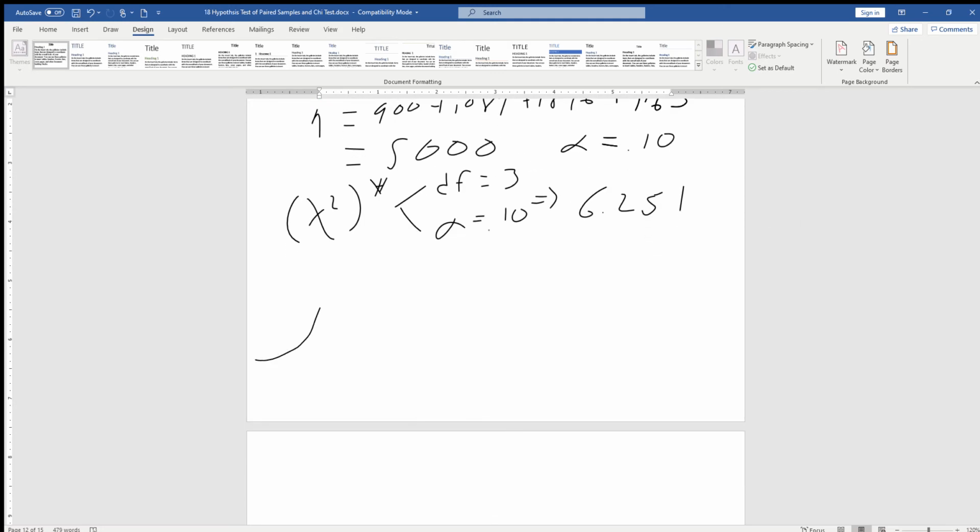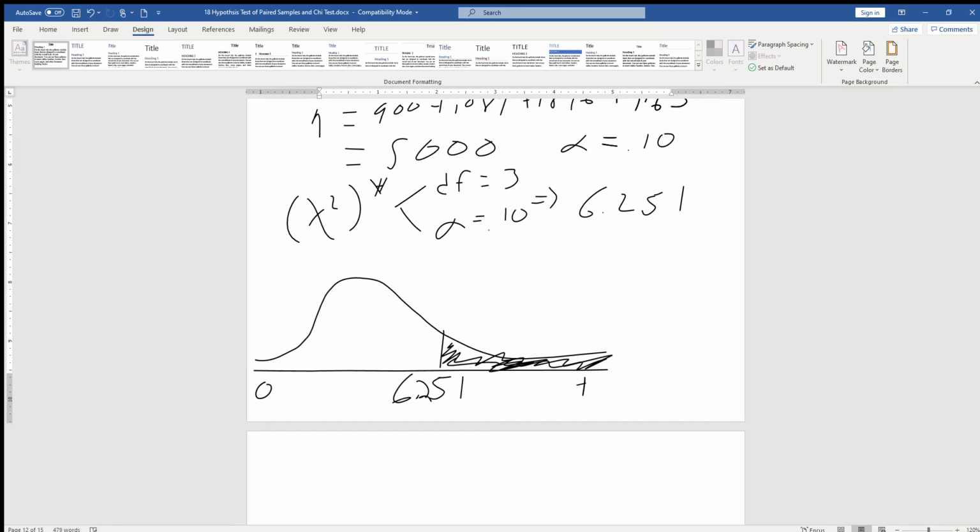Remember, chi-square distribution, skewed to the right. There's more data on the left. It's always a right tail test no matter what. And so we have 6.251. See if I can squeeze the 2 in there. There we go. And remember, the range of values goes from 0 to positive infinity.